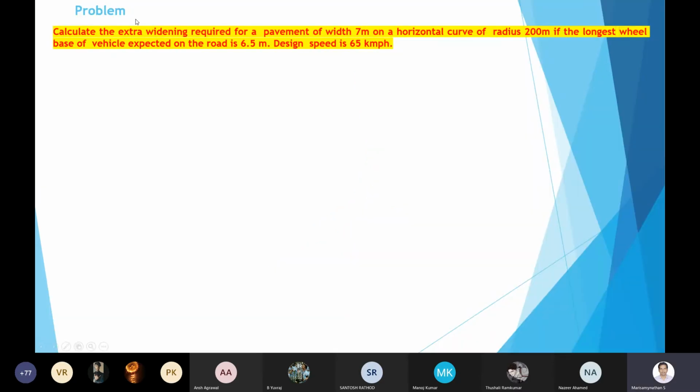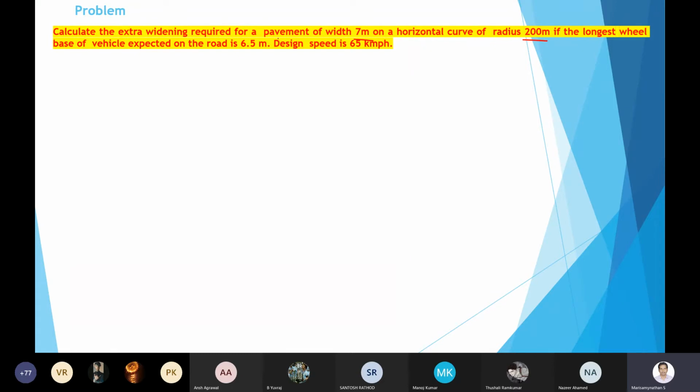So here you can see the problem. Calculate the extra widening required for a pavement of width 7 meter on a horizontal curve with a radius of 200 meter.